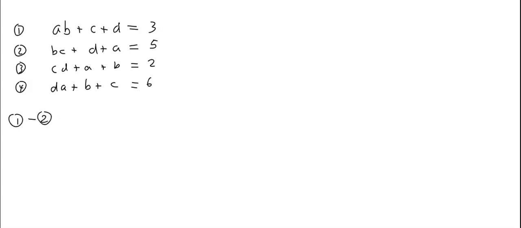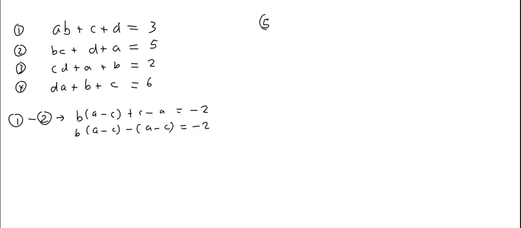So 1 minus 2 leads to B lots of A minus C plus C minus A, and that equals minus 2. So that B lots of A minus C minus A minus C equals minus 2, and this gives us equation number 5, which is B minus 1 times A minus C equals minus 2.